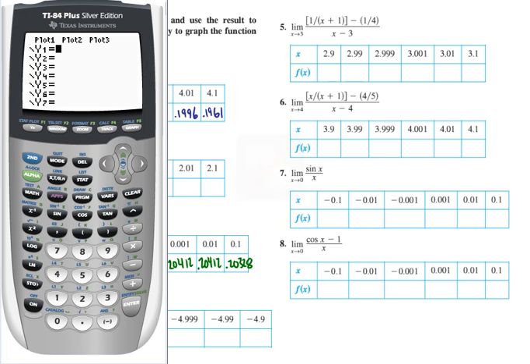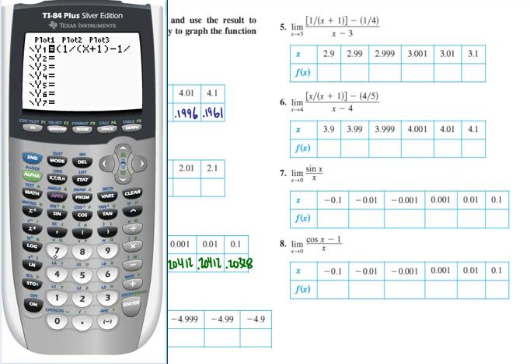So we open up the calculator again, and we need parentheses for the whole numerator. So that'll be parentheses, and then 1 divided by parentheses x plus 1, close parentheses, and then minus 1 over 4.